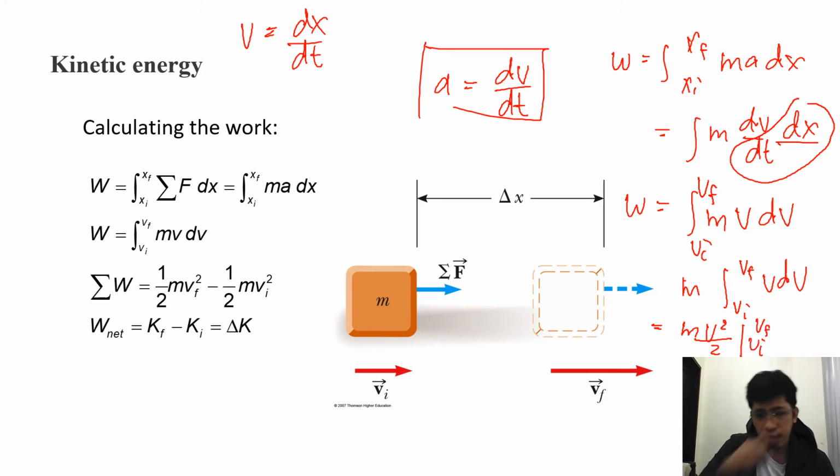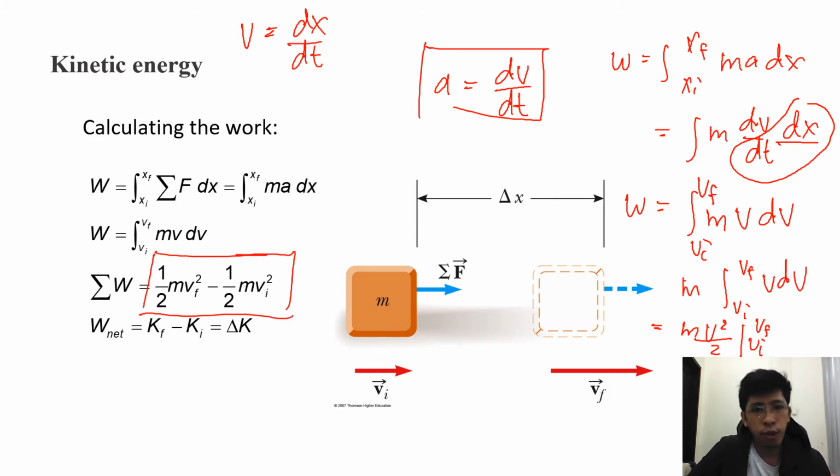So you have 1/2 m vf squared minus 1/2 m vi squared. Now again, your kinetic energy is just equal to 1/2 mv squared, so this is your final kinetic energy minus your initial kinetic energy.